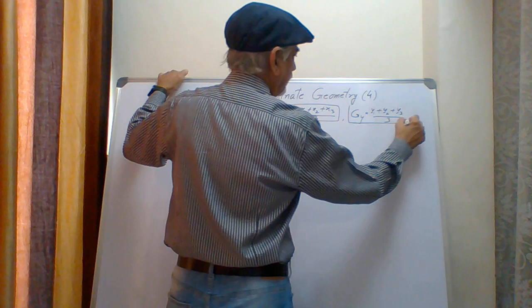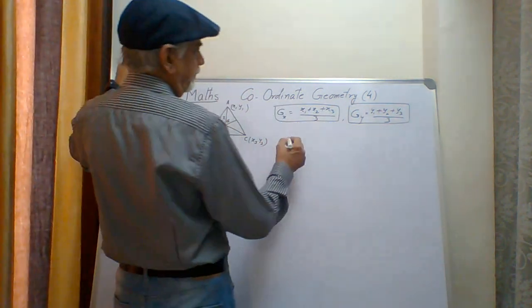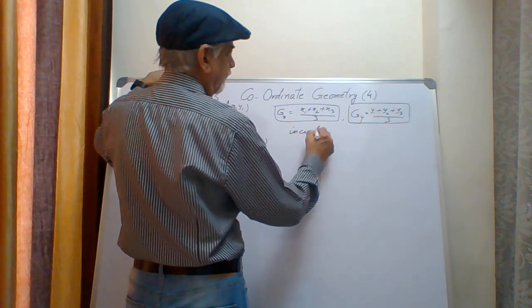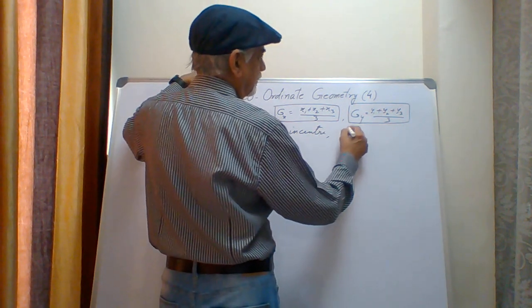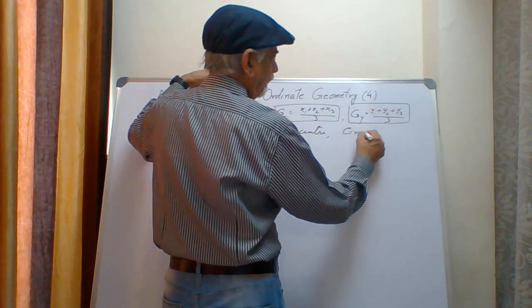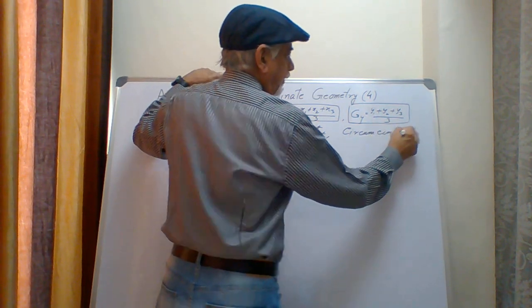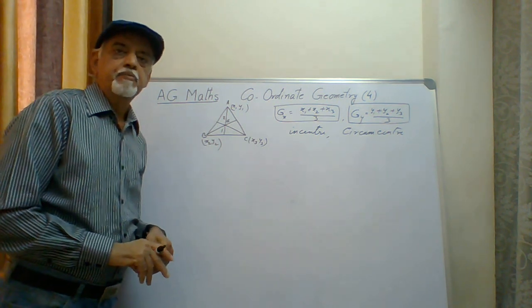These were the coordinates found for the centroid. Then we said we can find coordinates for the incenter of the circle, of the triangle, and the circumcenter. I left this part of the exercise for the scholars to try themselves.